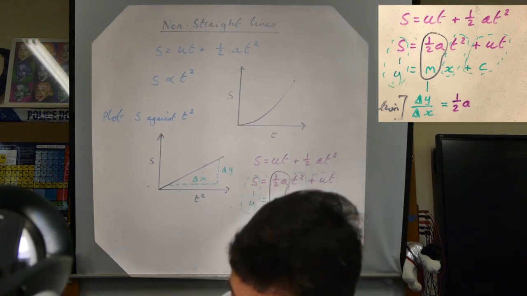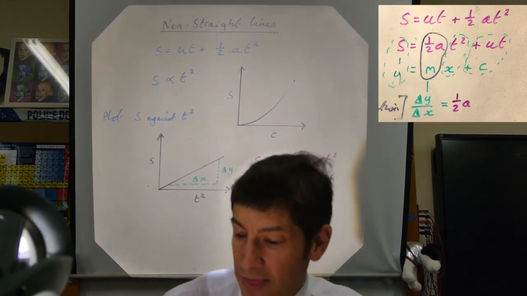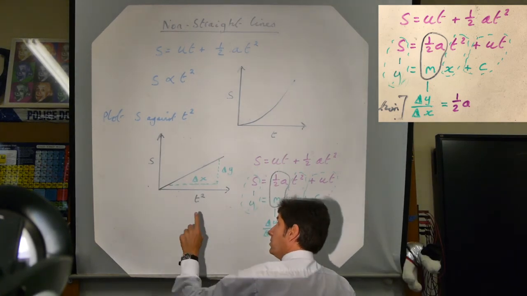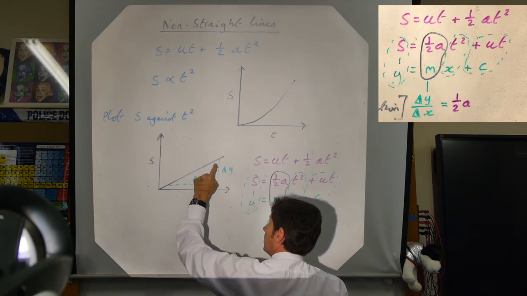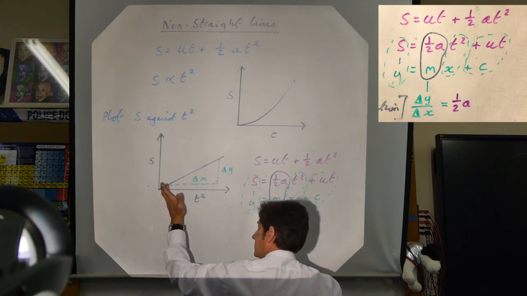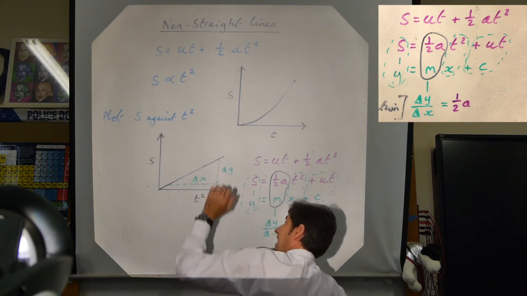And the gradient here will be the change in y over the change in x value. Remember again, of course, in my example here, it's not this number divided by that number, because I haven't started my triangle at 0, 0, so I've got to take away from here to there. I've got to find the length of that line, I suppose you could say, t squared, and that line.